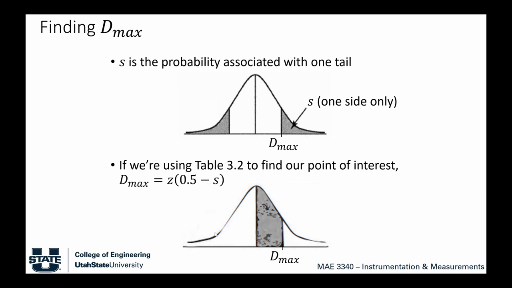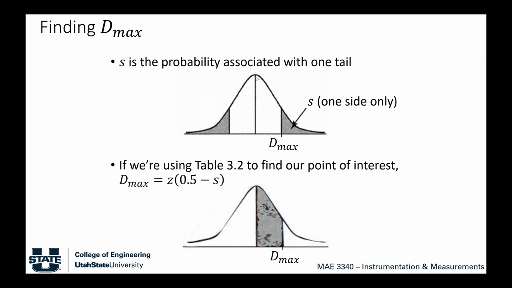Because you remember, having a probability distribution curve means that we have 100% of all occurrences falling under the curve, or the probability is 100% that we've captured every data point that is possible using the probability distribution function. And since the table is using half of that, we have half of our probability minus our s, which again is the outside of this.